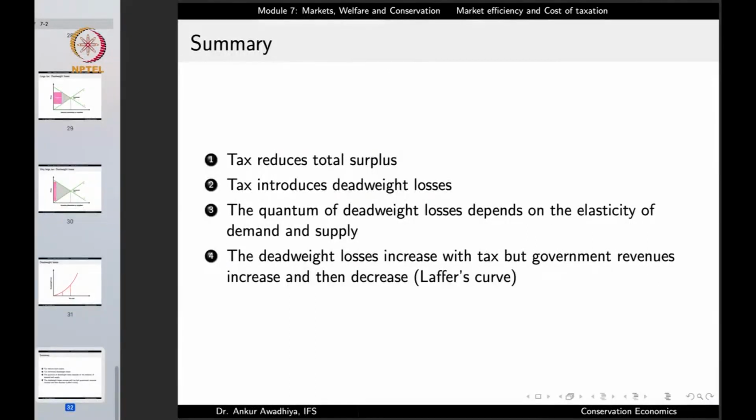So total surplus is maximized at the normal market equilibrium. Then we observe that when there is a taxation, it reduces total surplus, and the earlier total surplus is now distributed between the producers, the consumers, the government that gets the tax revenue, and the deadweight loss that accrues to neither the producer nor the consumer nor the government.